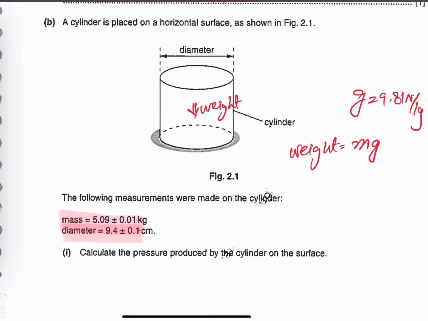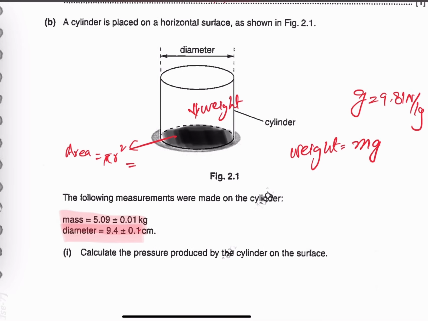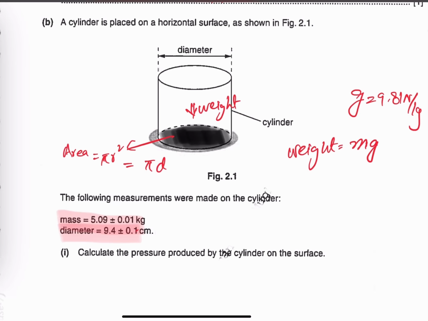And for finding the pressure, you need to find the area of this surface, that is on the ground. Area is pi r square, or if you want to write it in terms of diameter, it will be pi d square divided by 4.